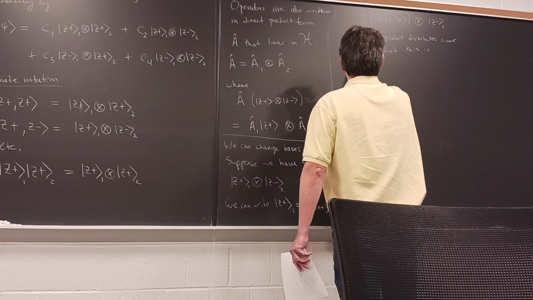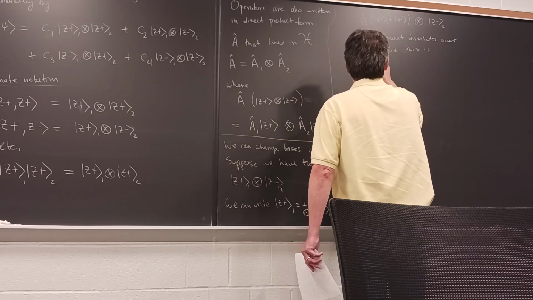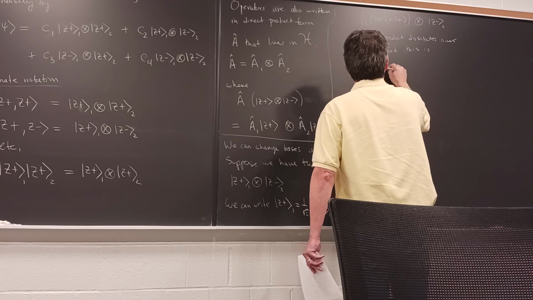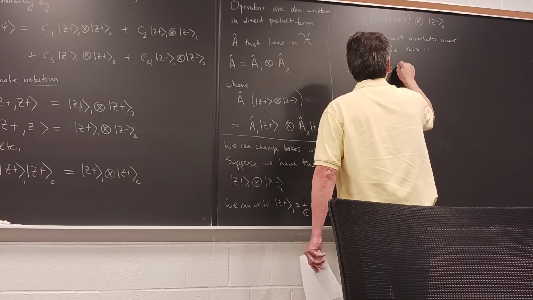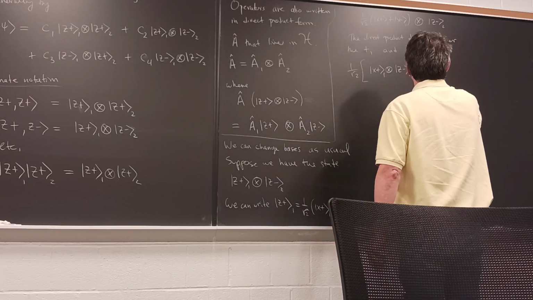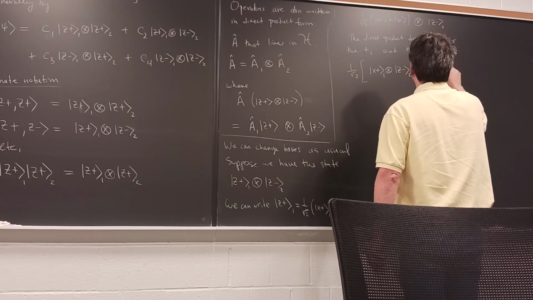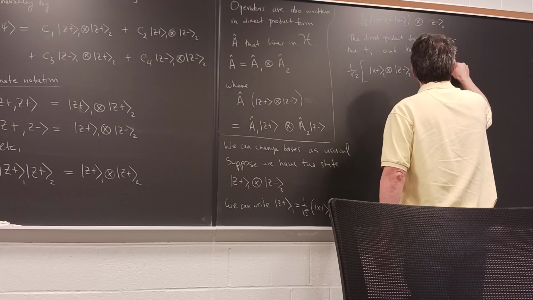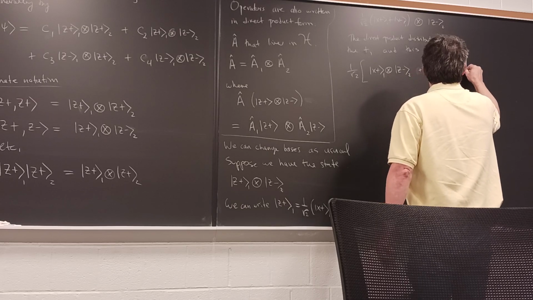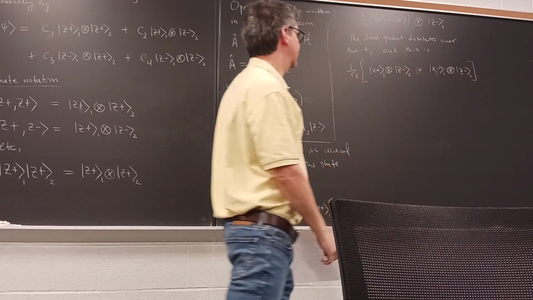And so what we have is 1 over the square root of 2, and then we've got x plus in the first Hilbert space direct product z minus 2, plus x minus 1 direct product z minus 2. Okay, so that's the same state.